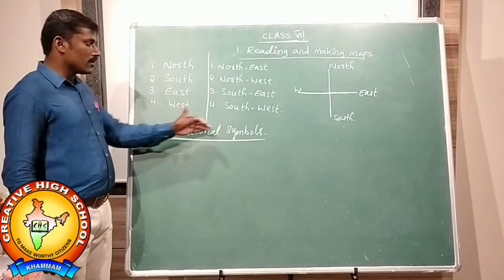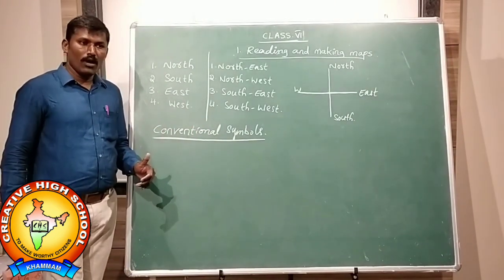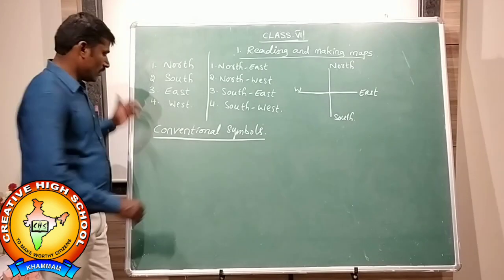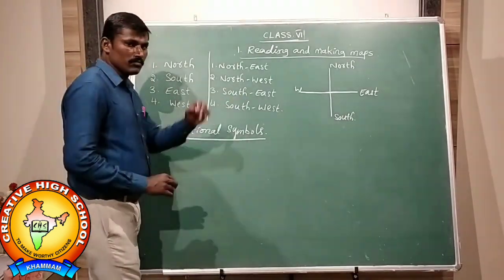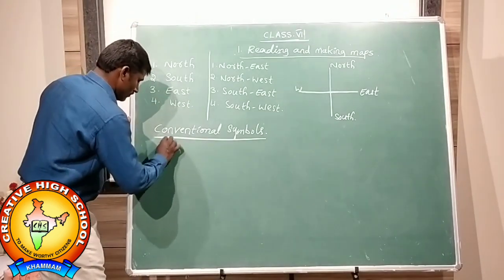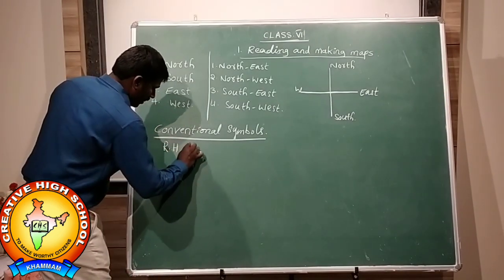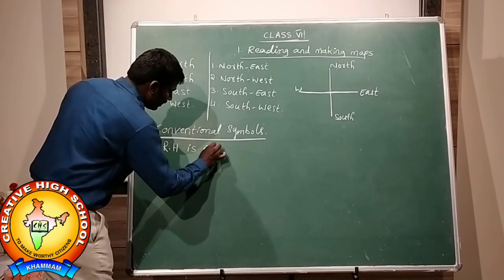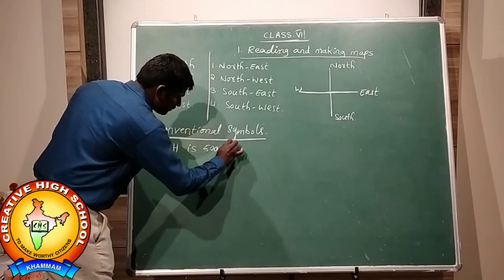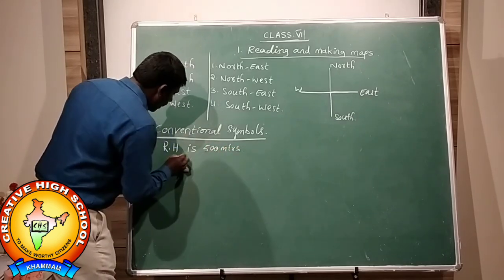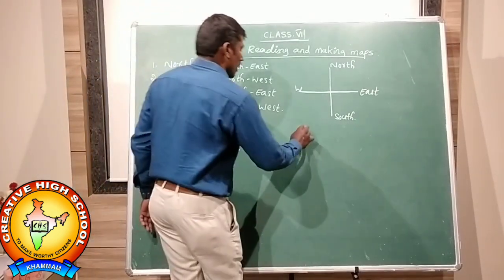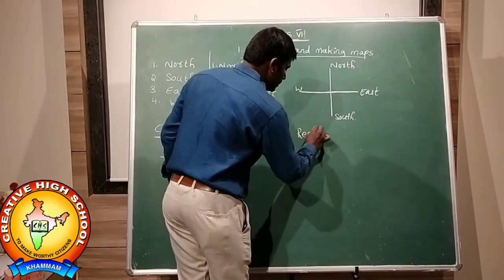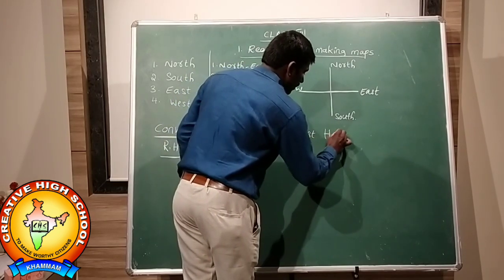While we are traveling on the road, here we can see different kinds of names. RH is 500 meters. What is RH? R for rest, H for house.